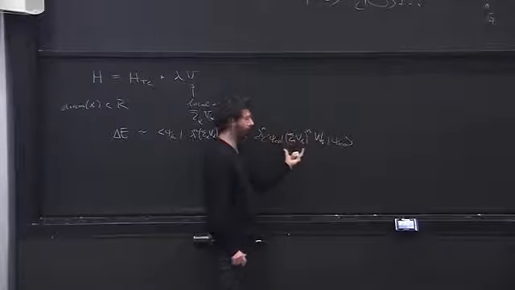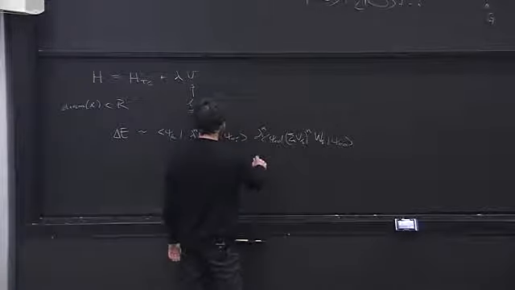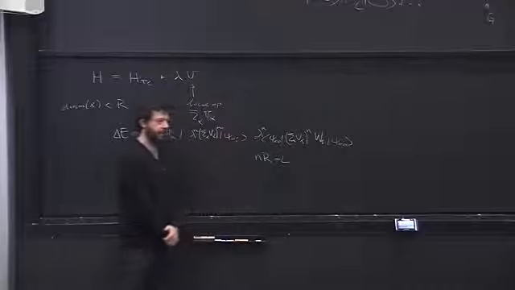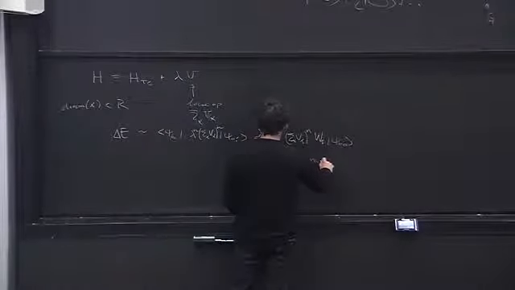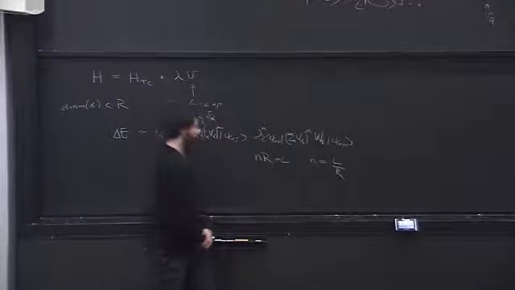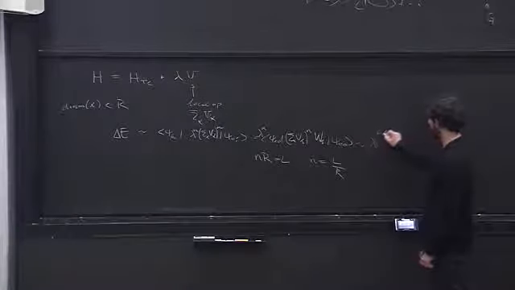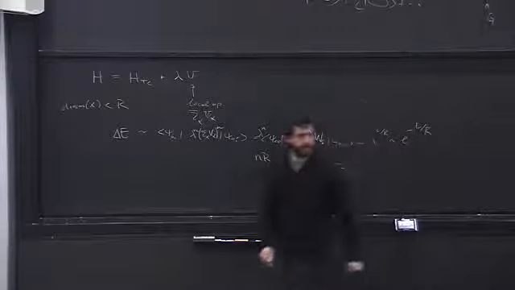One of the branches of the sum must annihilate this. But this can only happen if n times R is equal to L. So it can only happen at the n-th order in perturbation theory with n equal to L over R, which means that this goes like lambda to the L over R, which is e to the minus L over R, because lambda is a small number.